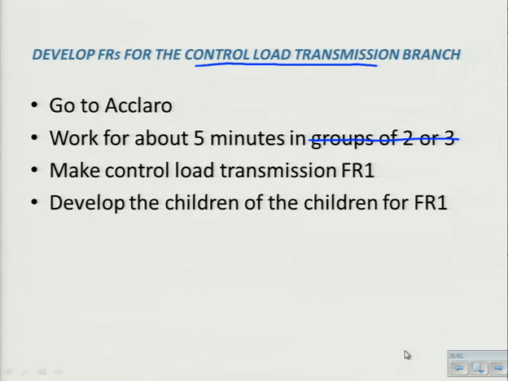So work for about 5 minutes and try to figure out how could I decompose the load transmission, control load transmission, which is FR1. So develop the children of the children for FR1. So this is the children of FR0, children of the children of FR0.